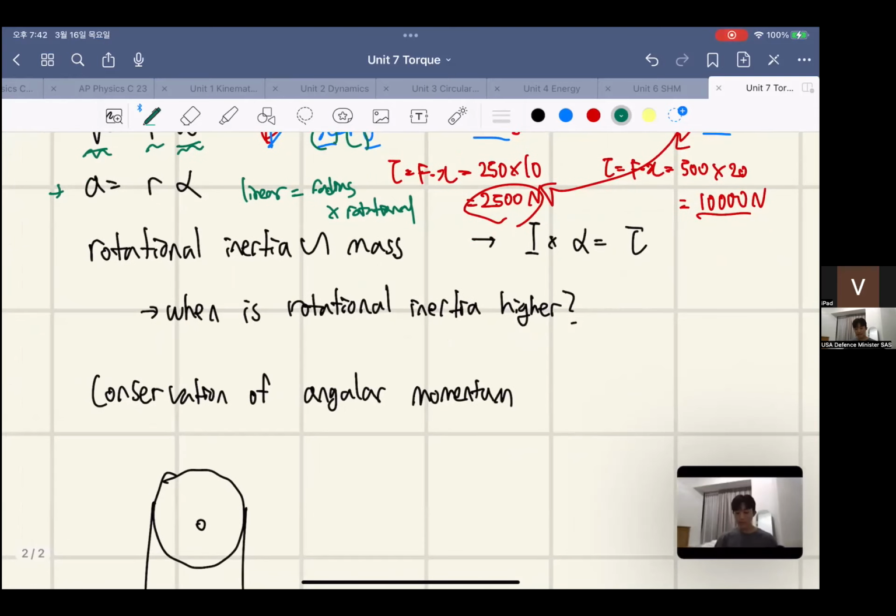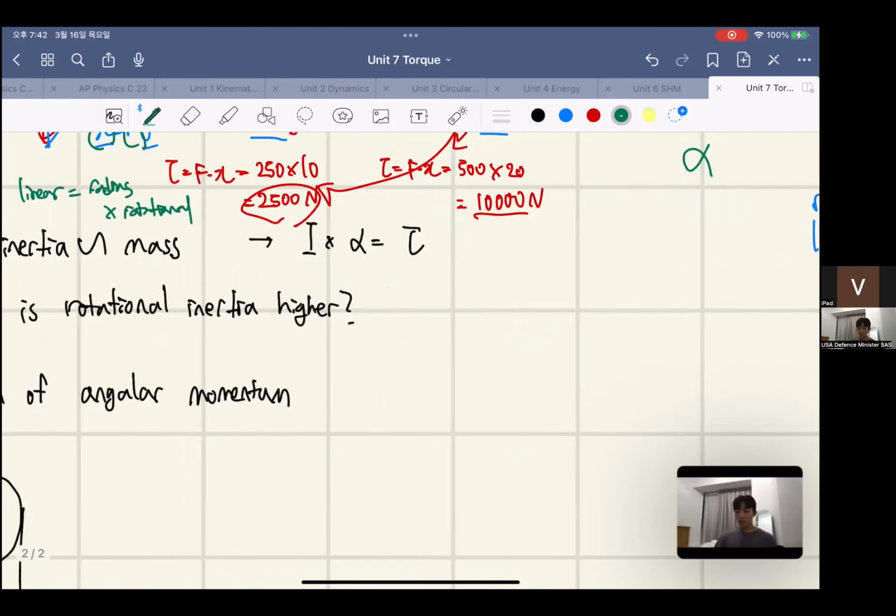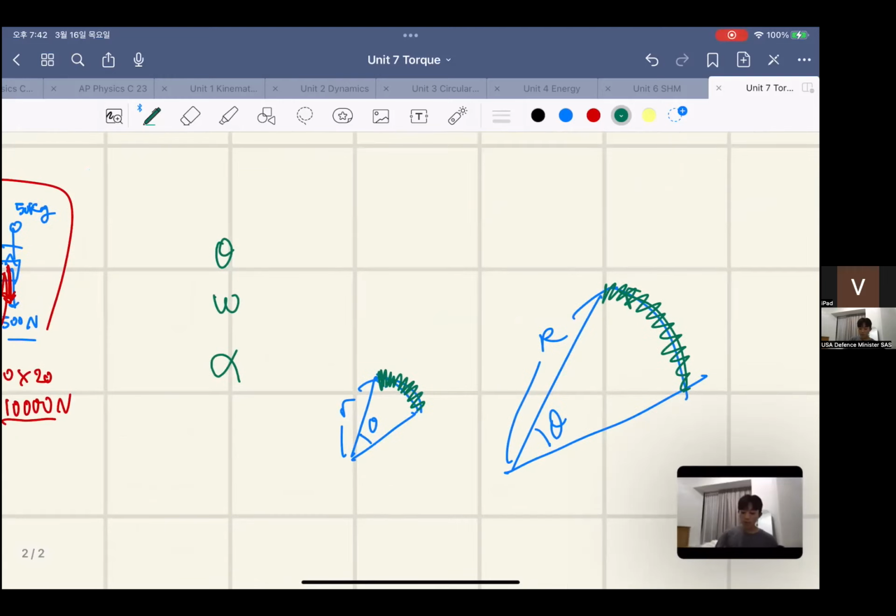Now, that being said, I hope you remember this formula F equals ma in linear dynamics or kinematics. Now, F is equal to force, m is equal to mass, and a is equal to acceleration. A, or acceleration, in the rotational angular world is alpha. F, the force in the rotational or angular world, is torque, tau.